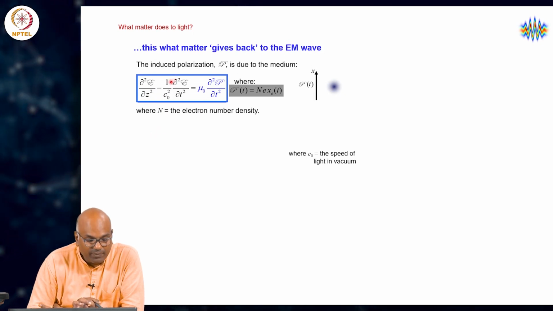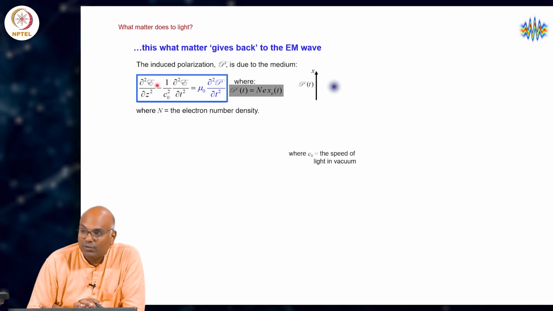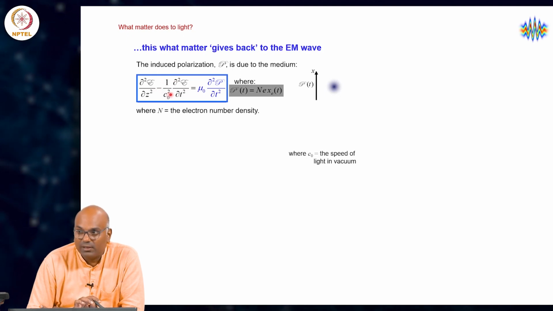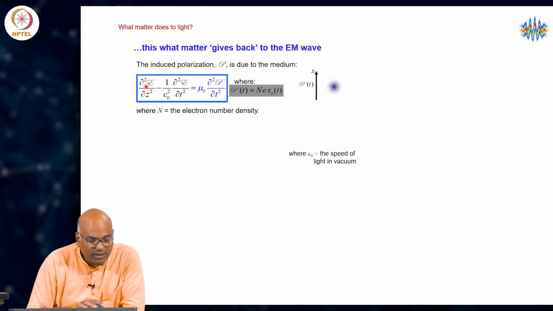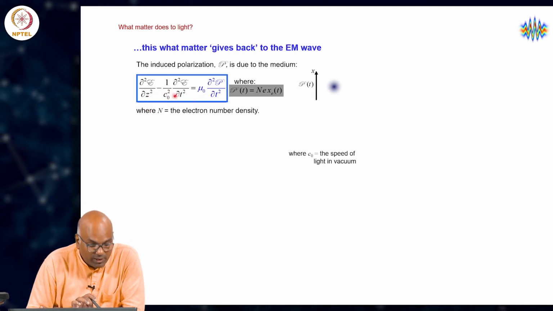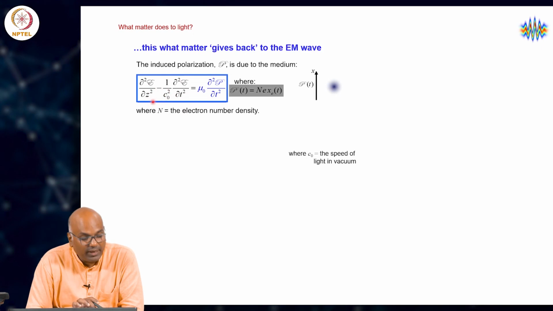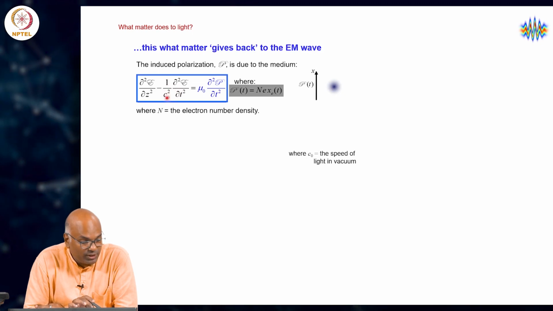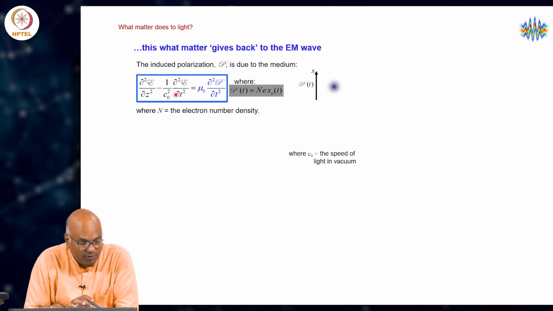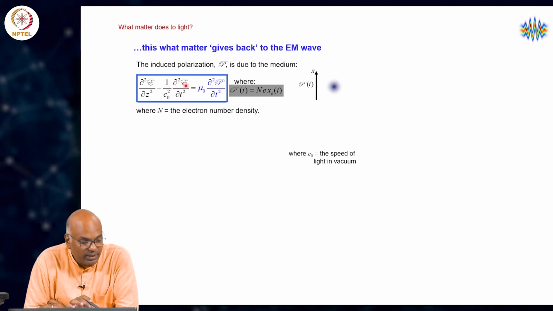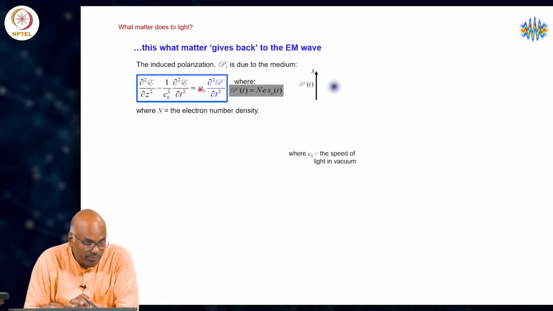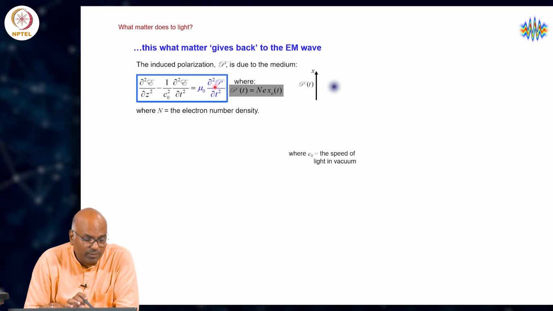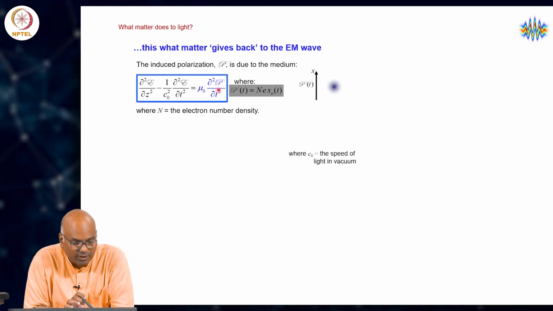However, if we keep everything linear in terms of the polarization and the electric field, which holds for a lot of scenarios but not all, as we will break this convenient condition very soon, it would be sufficient to consider one space plus one temporal dimension and write down this scalar equation: d2 by dz2 minus 1 over c0 square, c0 being the in vacuo speed of light, multiplied by the second derivative of the electric field with respect to time, is equal to mu naught multiplying the second derivative of the polarization field with respect to time.